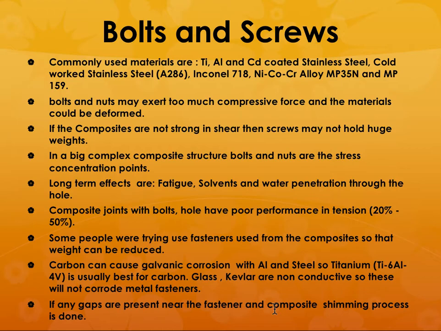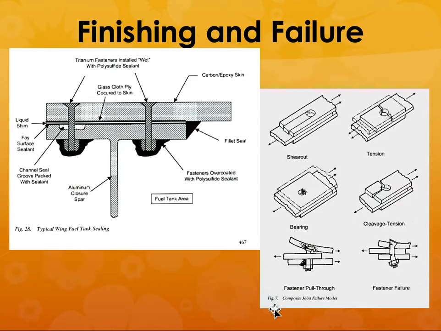And in that process, again, these are going to be different materials from the actual composite itself. So it can actually be bad news as far as galvanic corrosion is concerned. So this would be a standard process by which it is done.